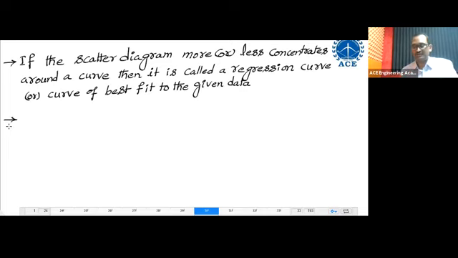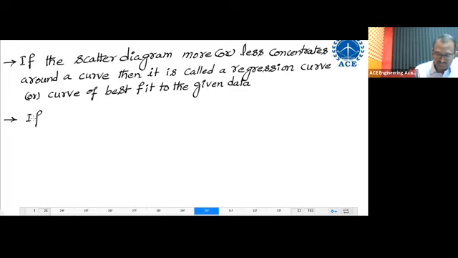More or less means approximately. In the same definition, replace this curve by a straight line, then it is called regression line or line of best fit.